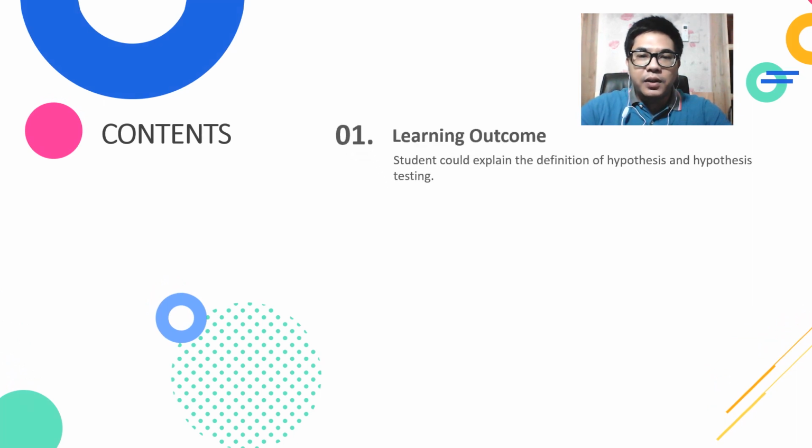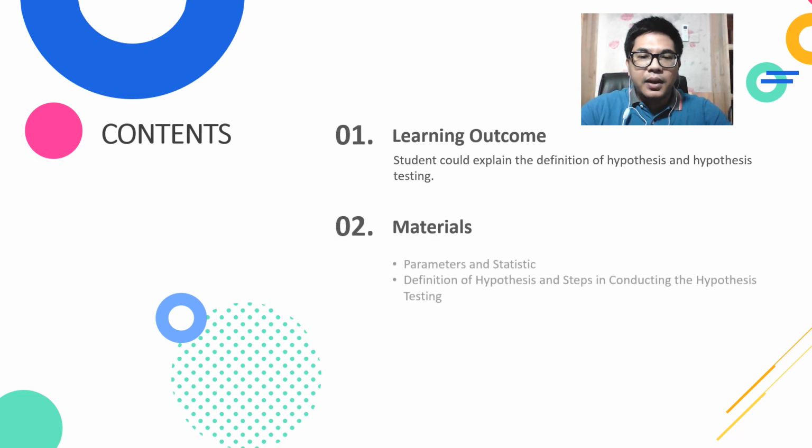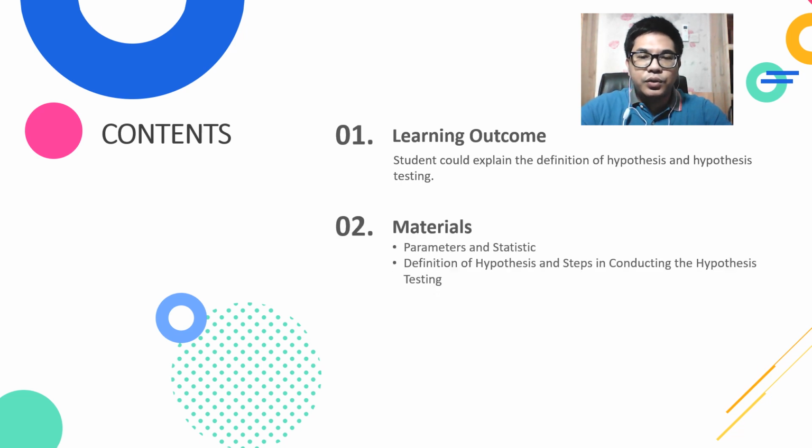Okay, here is our learning outcome today. We expect that after finishing this session you could explain the definition of hypothesis and hypothesis testing. There are two materials that we want to discuss here.